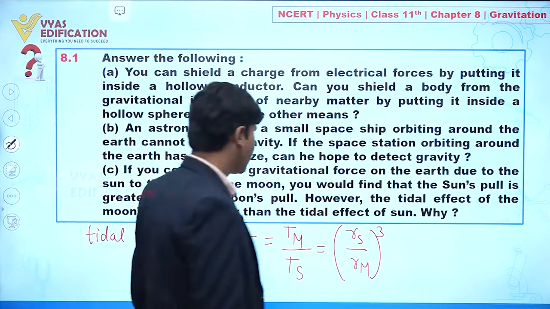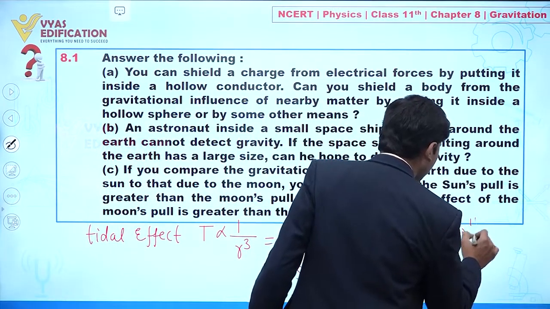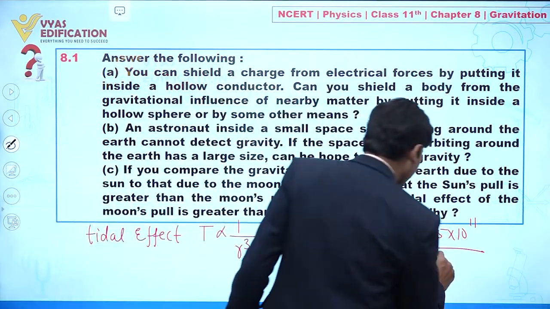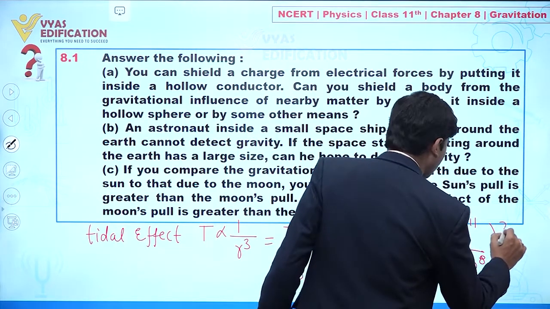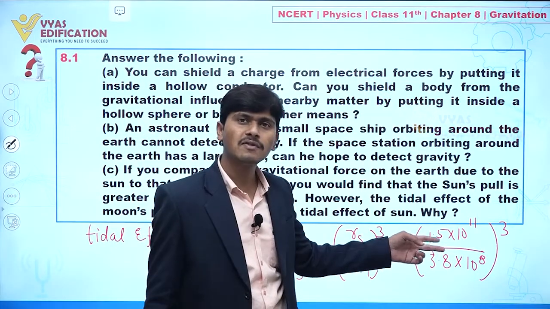Clear? So definitely we have the value 1.5 into 10 to the power 11 divided by 3.8 into 10 to the power 8. Clear? Whole cubed. Now you can say this value is approximately 1/2.